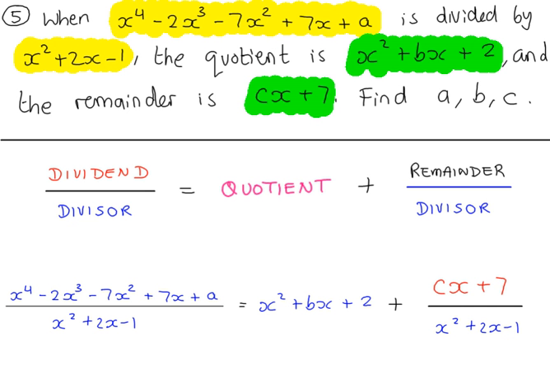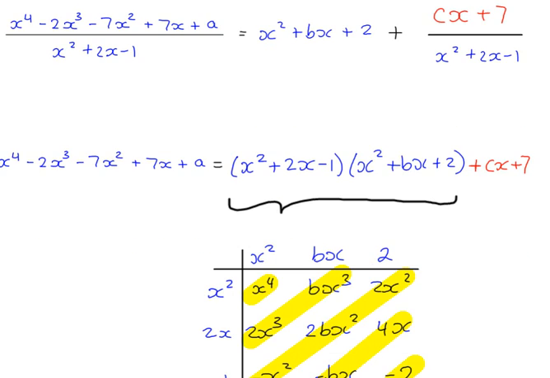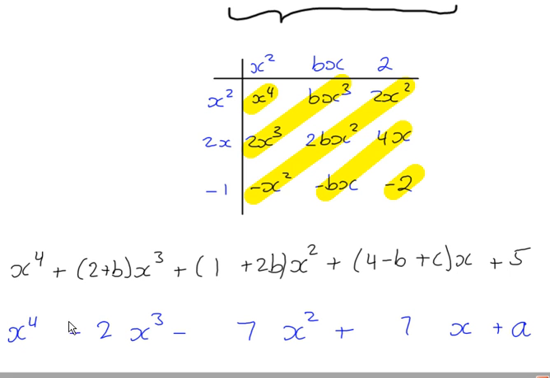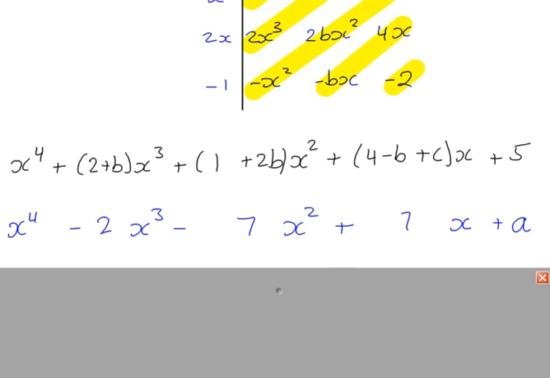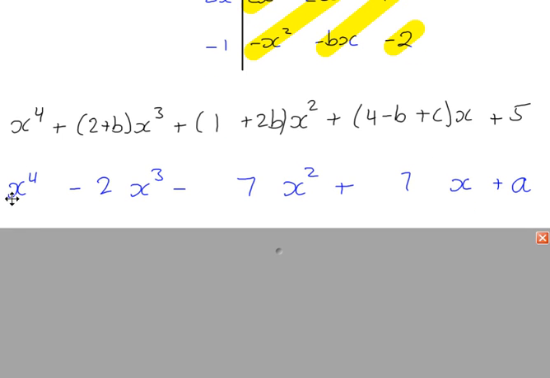Now we can compare the coefficients of the x to the power 4 term, the x cubed term, and so on, with this polynomial. So the x to the power of 4 terms are not telling us much.